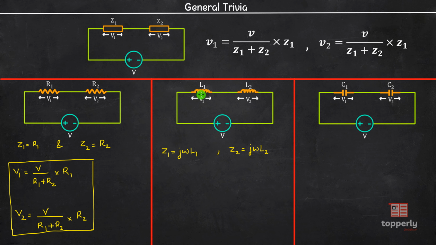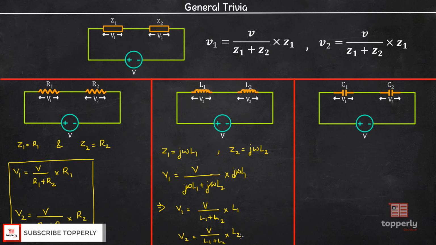Now the voltage across L1, V1, can be found out using this equation, which is V by Z1, which is j omega L1, plus Z2, which is j omega L2, into Z1, which is j omega L1, and cancelling out these j omegas, we have V1 is equal to V by L1 plus L2 into L1, and V2 is equal to V by L1 plus L2 into L2.